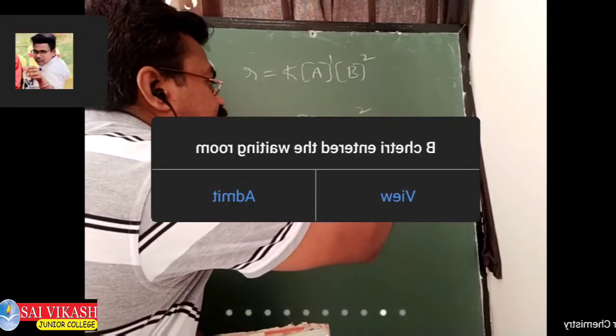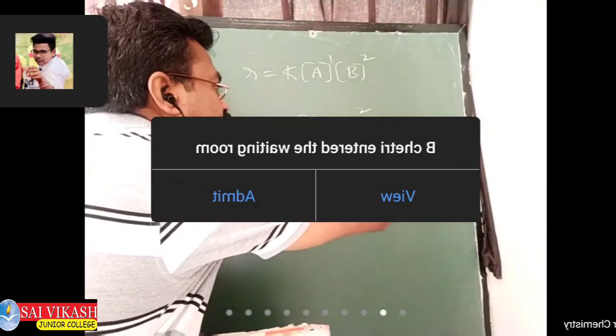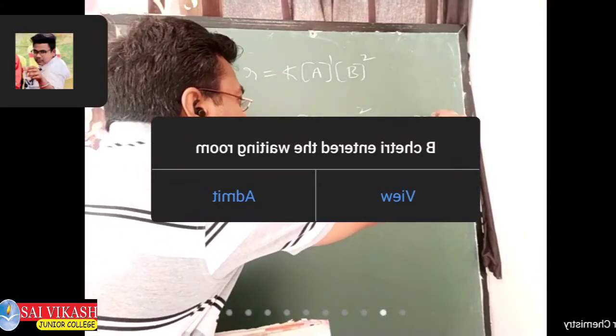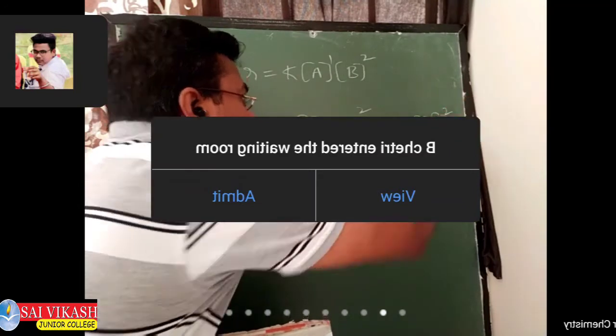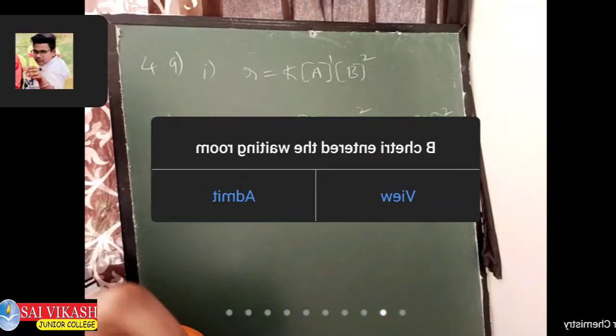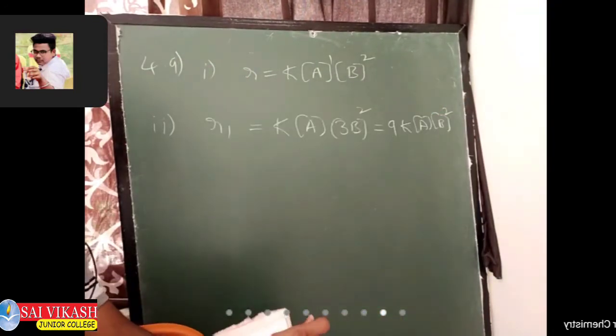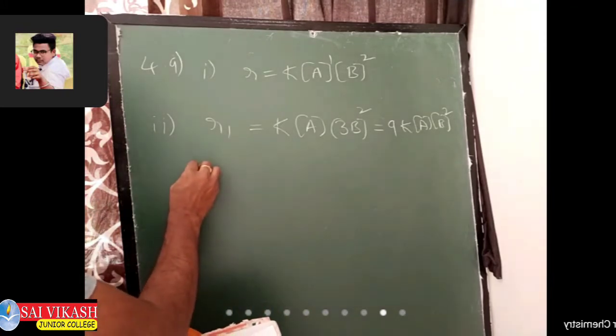So you will get 9 into K into the concentration of A into the concentration of B whole squared.